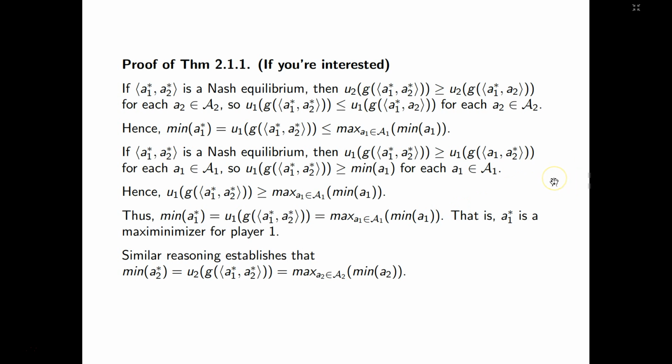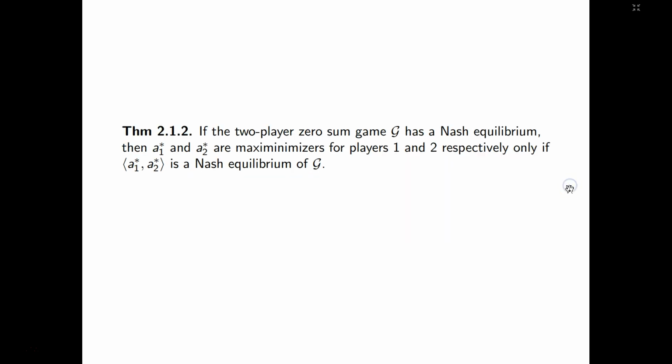We can give a formal proof of this theorem, but I'm not going to work through it. It's there in the slides for you to look at if you're curious. If a two-player zero-sum game G has a Nash equilibrium, then A1 star and A2 star are maxi-minimizers for player 1 and 2 respectively, only if A1 star, A2 star is a Nash equilibrium of G. That's just saying that if it has a Nash equilibrium, then the Nash equilibrium will be the maxi-minimizer strategies for both.